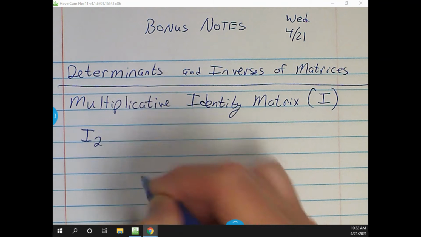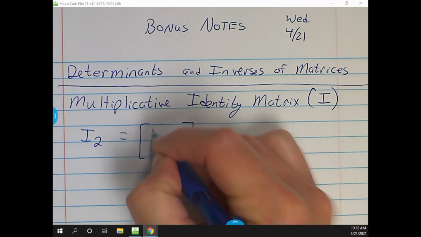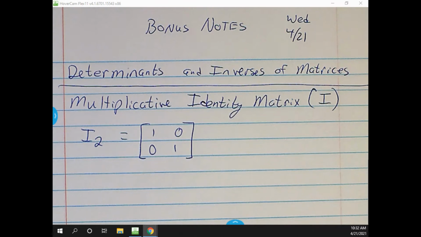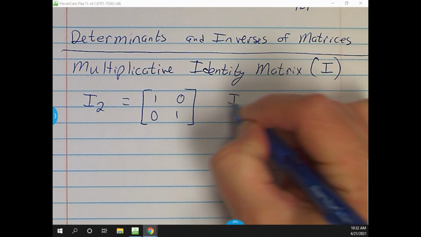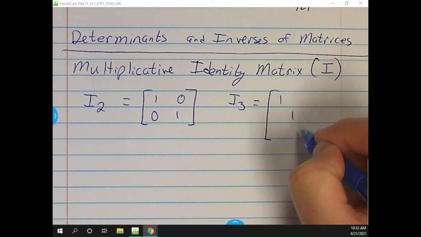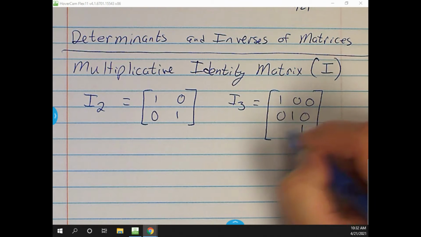So when they talk about I2, basically you're going to have ones on a diagonal this way, and then all the other numbers would be zero. If it was a 3x3 matrix, again, you put ones on the diagonal, and all the other numbers wind up being zero.